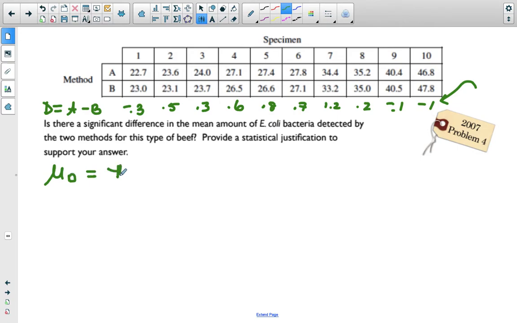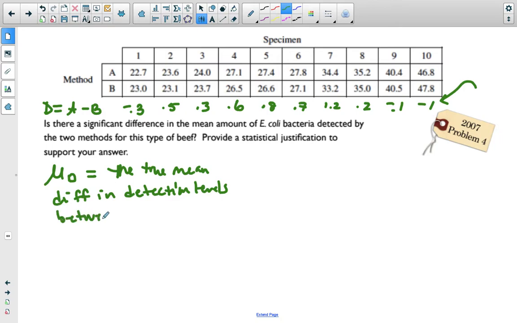This is the true mean difference in detection levels between methods A and B. And we already established that we're doing it in this order, but I'm going to include that in here, A minus B.